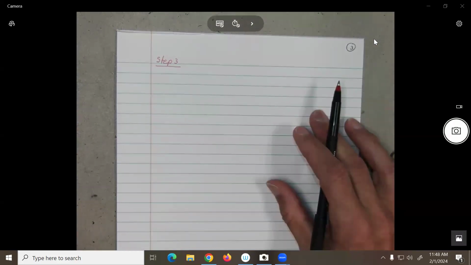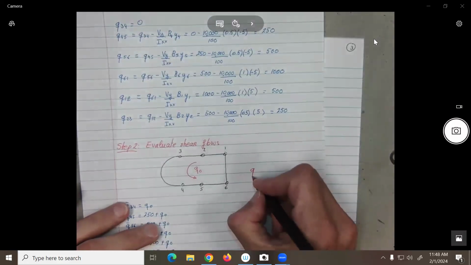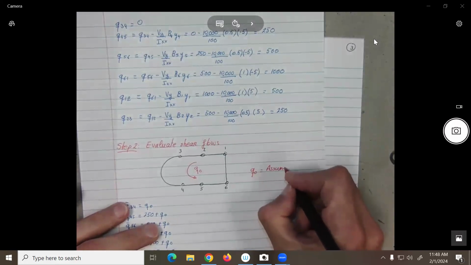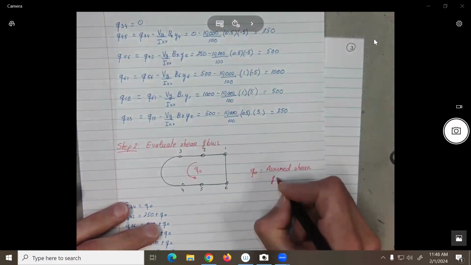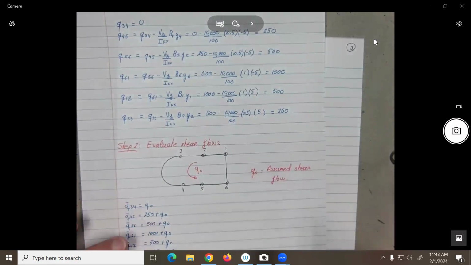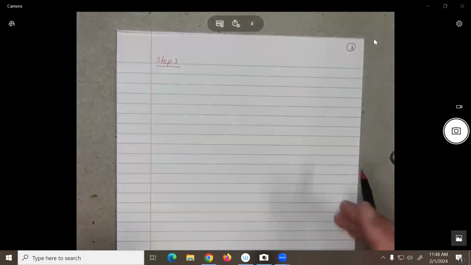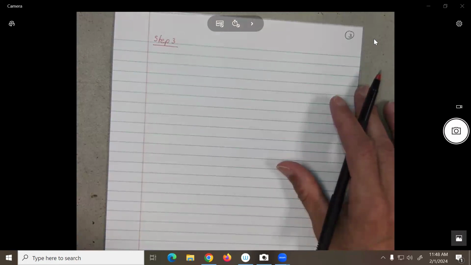Shear flow. I think that's what we just did. Q sub naught is the assumed shear flow. After doing this, what do we do? The angle of twist equation. Okay, we did that one before the moment equation.